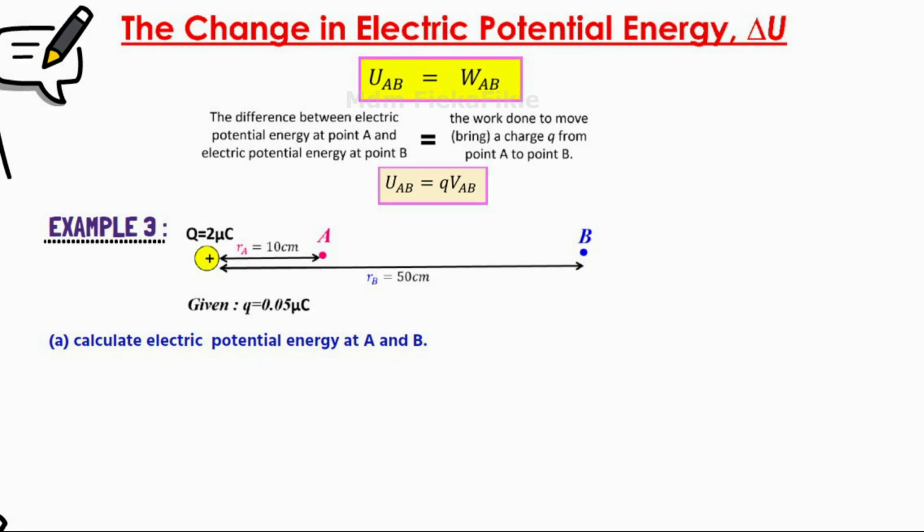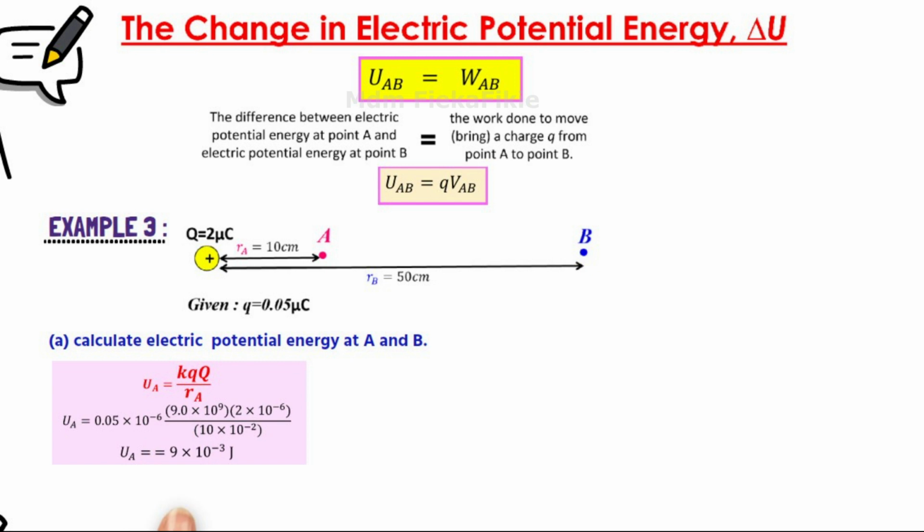So sekiranya kita ada test charge Q at point A dan juga kita ada test charge Q berada pada point B, so kita boleh kira ke electric potential energy at point A and point B? Jawapannya boleh. Okay, so kita kira lah UA is equal to K times small q, the test charge, times capital Q over RA.